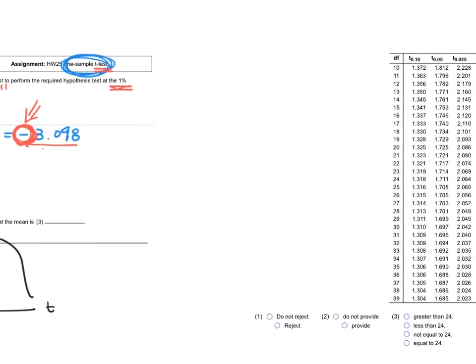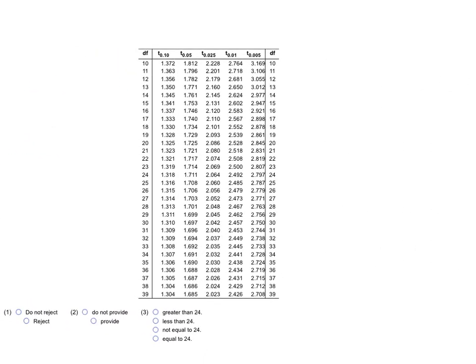So let me go to the t-table. So at the top the probability is a 0.01 and 14. So the critical value will be 2.624. But let me make the t-distribution again.